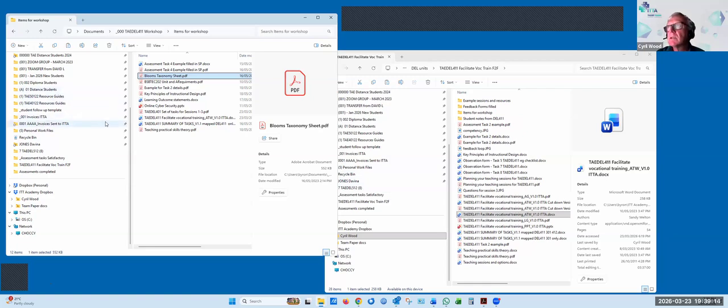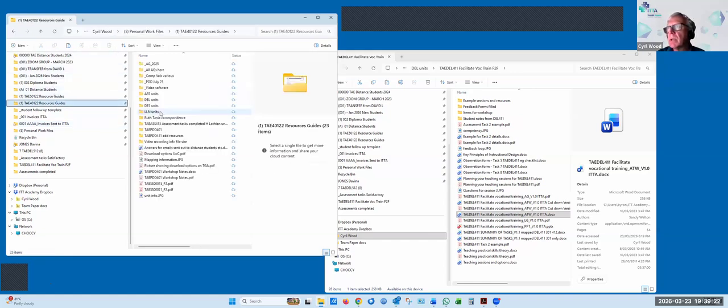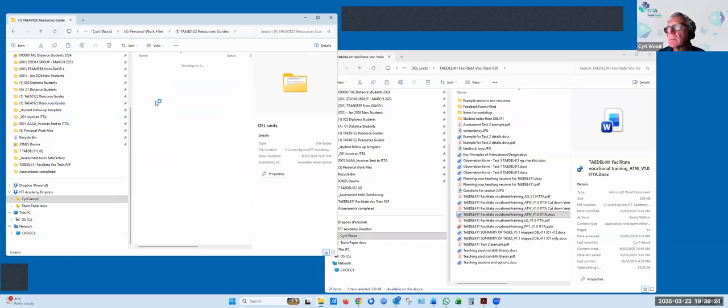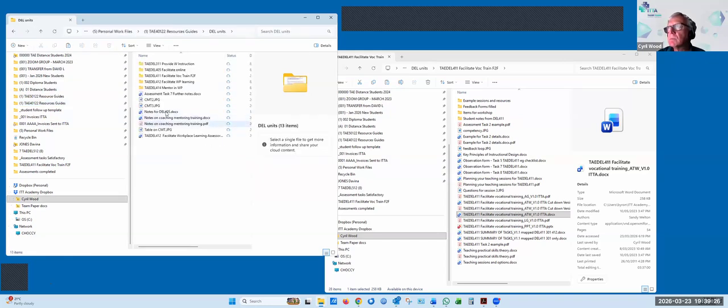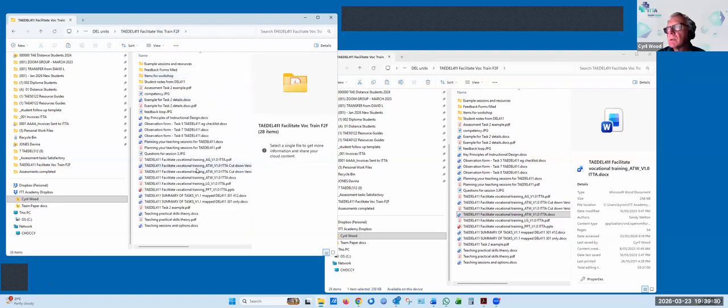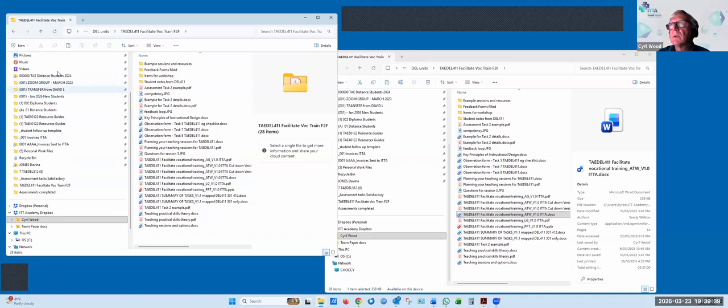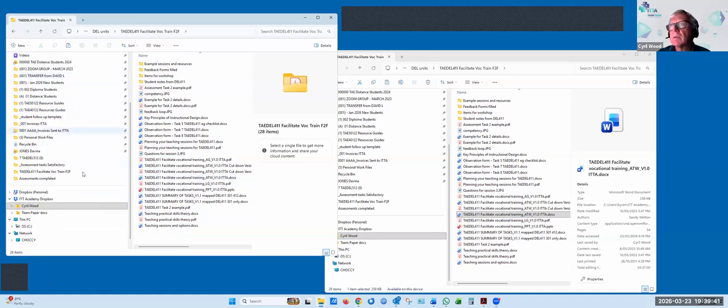Now, let me see. I need the correct version of the document, so I'll just reopen that. Sorry. Just 1 second while I get the file again.